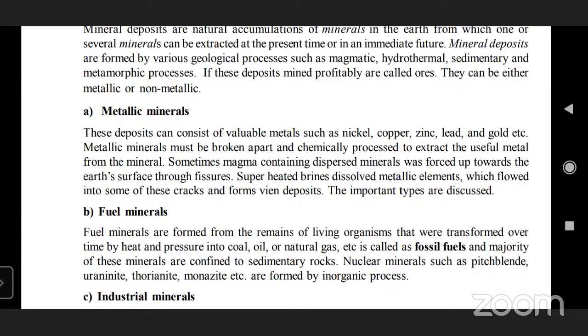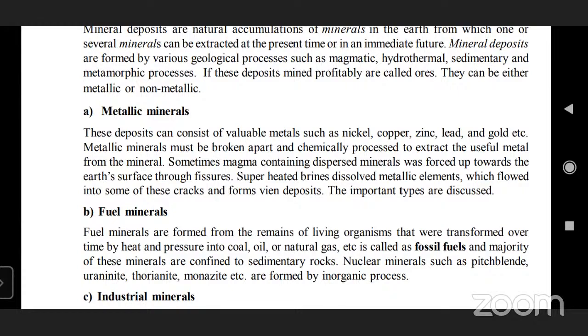As we know, the earth crust has some places, weaker zones where fractures are available, such as faulting and folding, structural features which are the weaker zones. From these weaker zones, the magmatic materials are forced up along through these weaker zones to the earth surface.